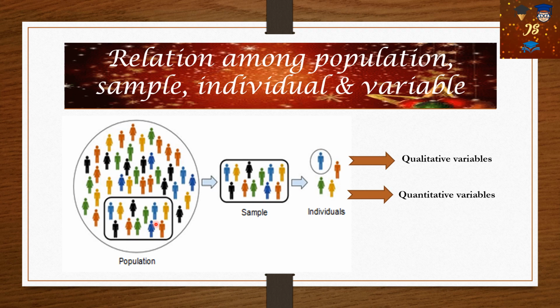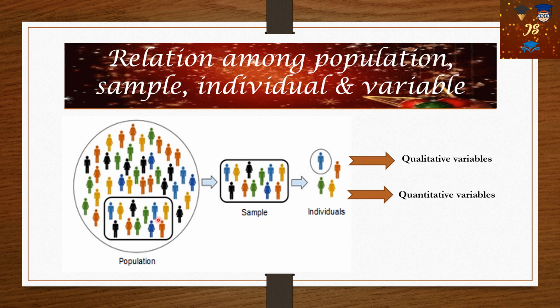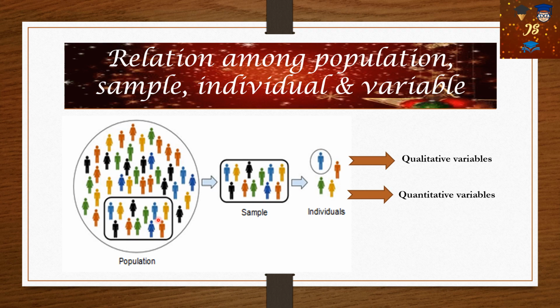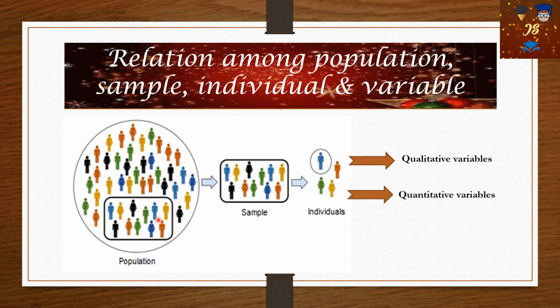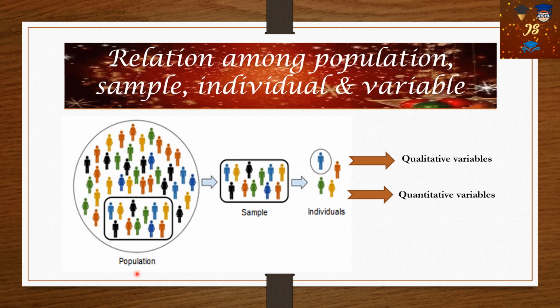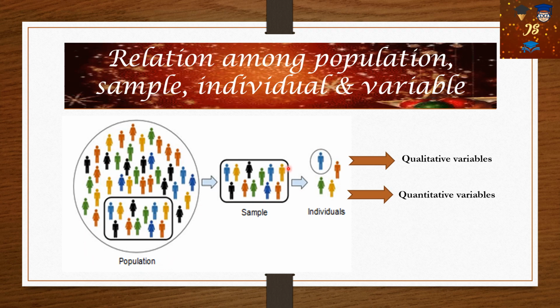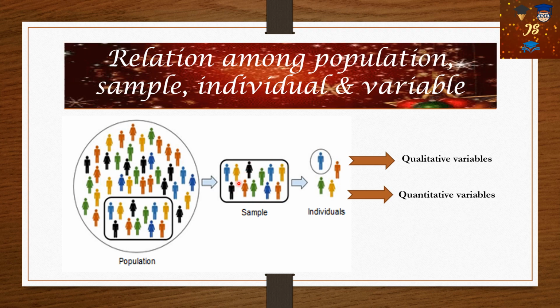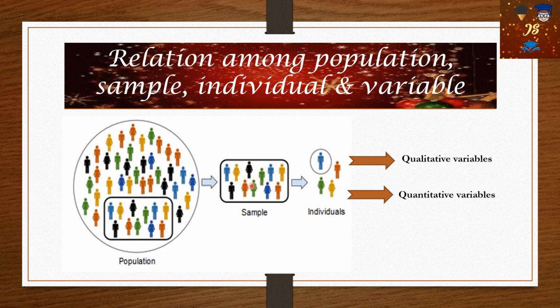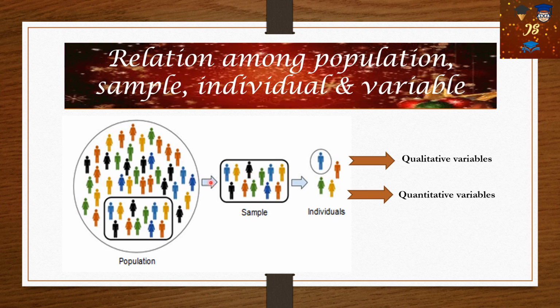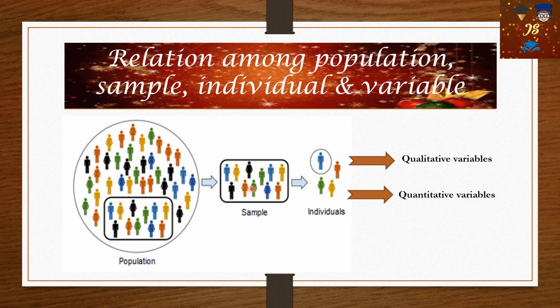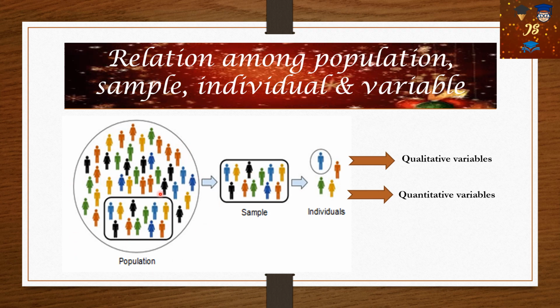The different colors indicate different types of people. So this is the whole population, this part is taken as a sample. So what is the relation between population and sample? Population is a whole, sample is a part of that whole.